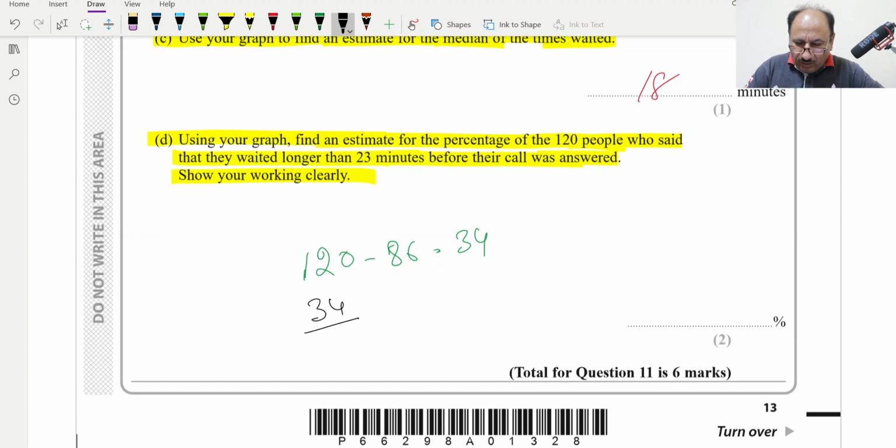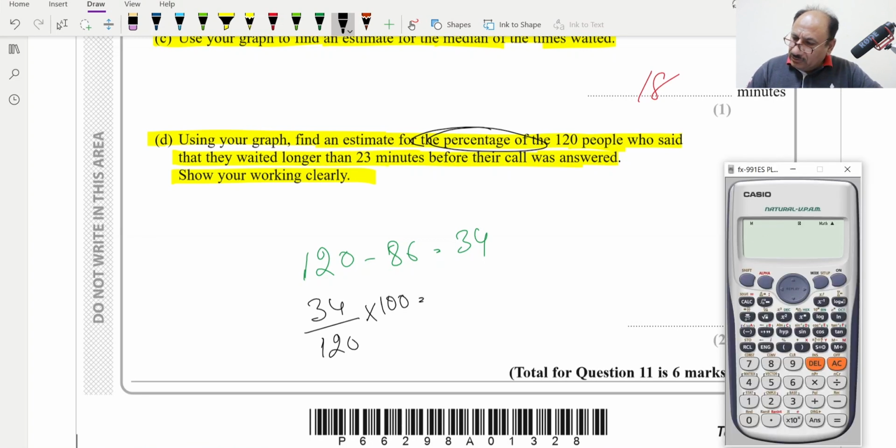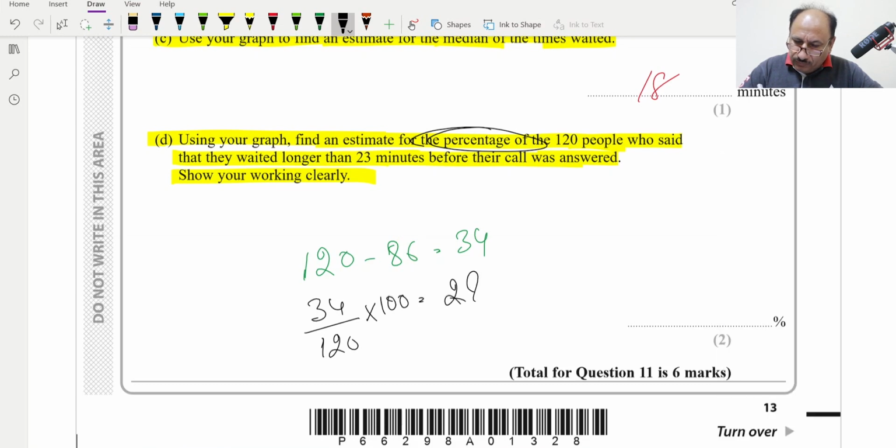So this will be 34, and 34 out of 120, we have to calculate the percentage. Where it is written percentage over here, yes. So multiply by 100: 34 over 120 multiplied by 100 is equal to 28.33%, and we can write it as 28%.